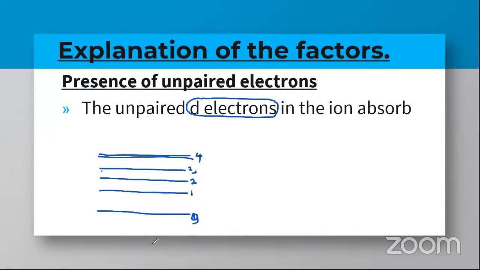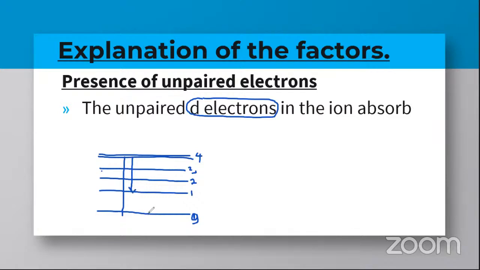So what do we mean by electrons absorbing some energy? Assuming that I have an electron here, it is going to get excited to a higher energy level. In other words, it is going to move from the ground level to some other level above the ground level. It will be temporarily excited, then move up. When it reaches maybe level 4, it loses the energy to keep on going up. So what happens? It will fall back. It might fall back to level 1.